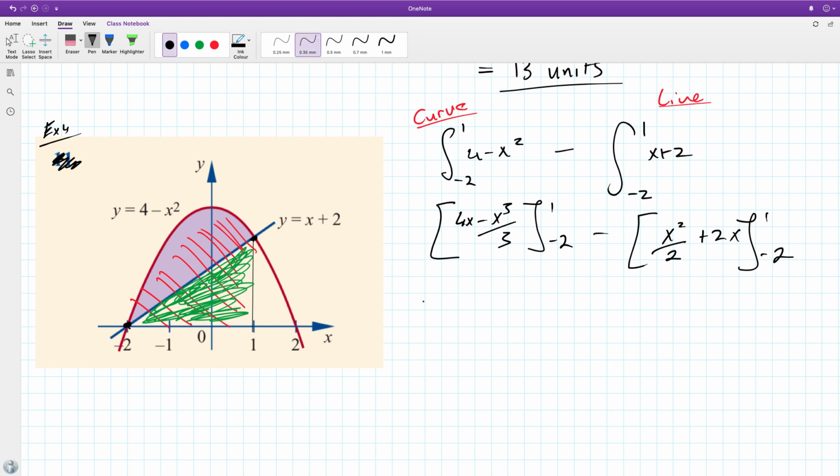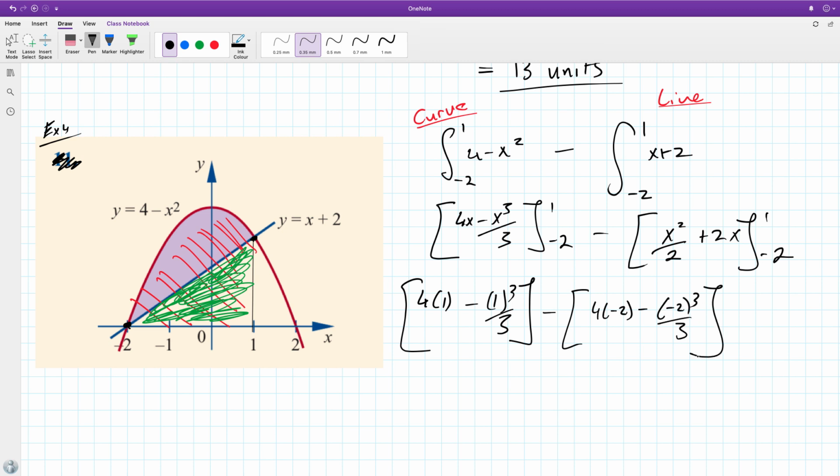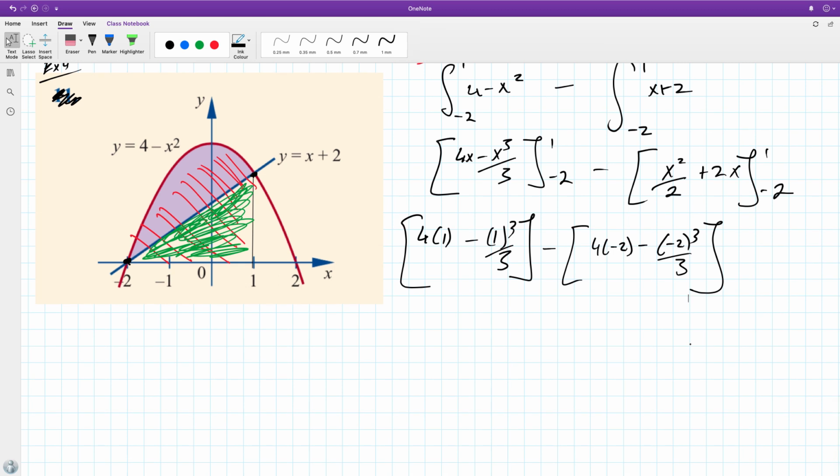Right, so that is 4 times 1 minus 1 cubed over 3, minus 4 times minus 2 minus minus 2 cubed over 3, which is 4 times 1 minus a third, which is 11 over 3, minus 4 times minus 2 minus minus 8 over 3, which is minus 16 over 3.